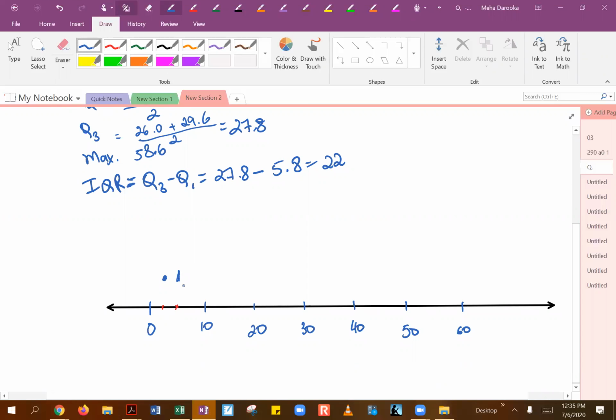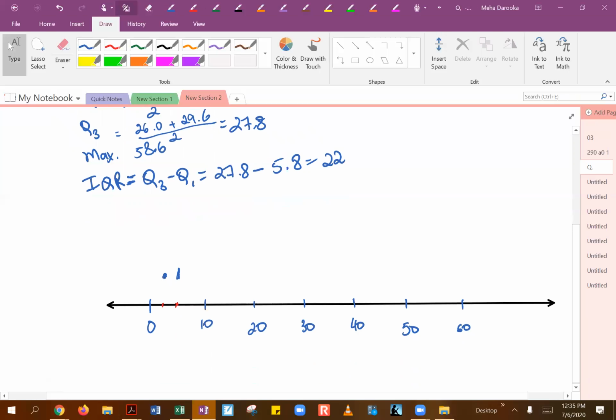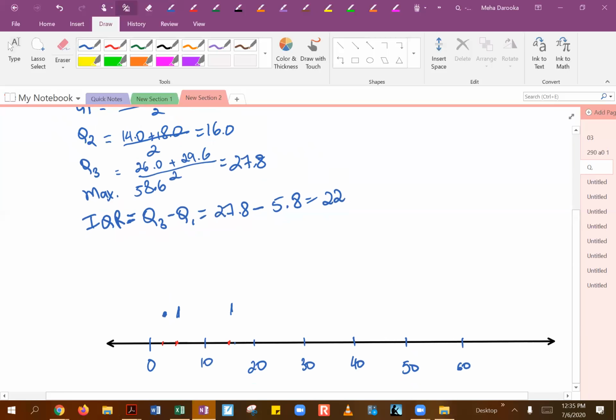So I'm just going to put a little bit of a vertical mark so I know that's where my box will begin. For quartile 2, we have 16. So of course 16, 15 would be the halfway mark. So we would be marking 16 just again, maybe a notch after that. So I'm going to put another vertical mark for my quartile 2.